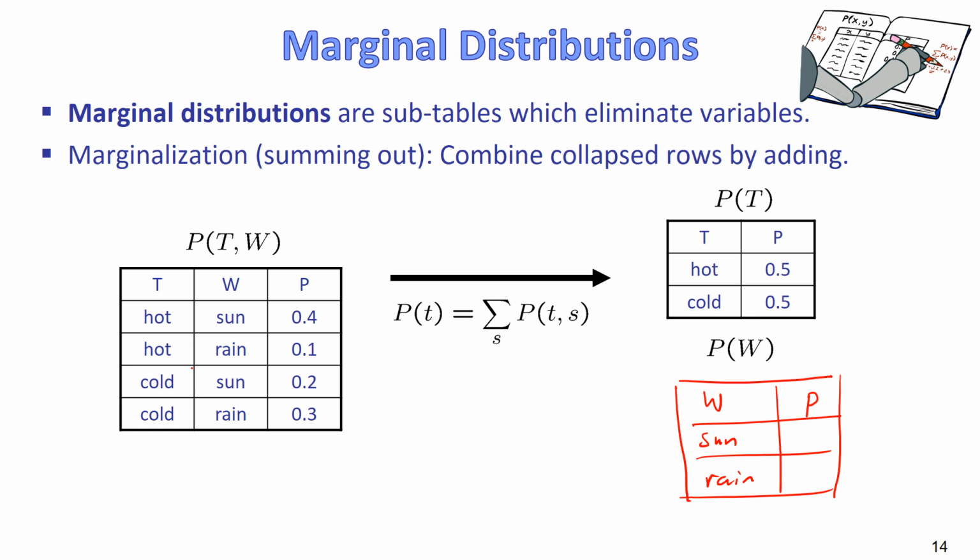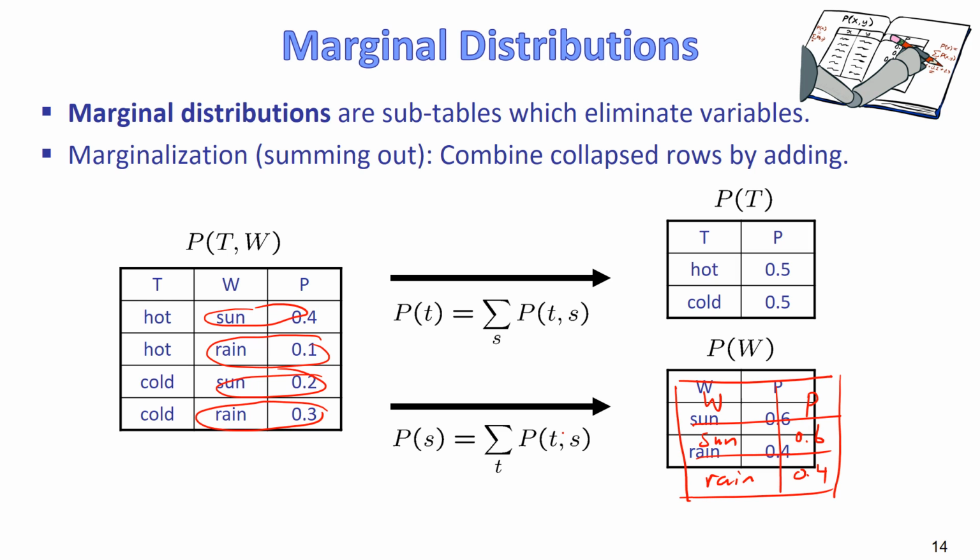Look at the rows of sun, this one and this one, so that will be 0.6, and the probability for rain is this one and this one, which is 0.4. So now we marginalized out t. In fact, we sum all the rows that match the specific value here over all possible values of t to get the marginal probability. So we summed over t.